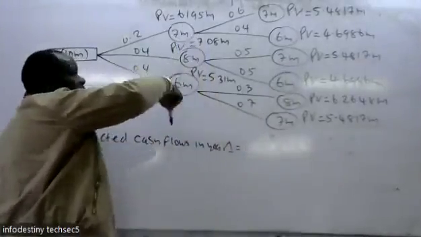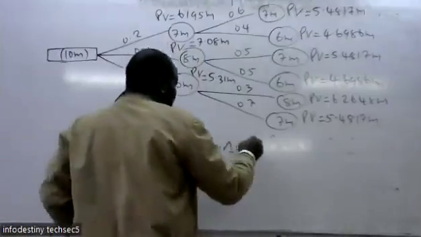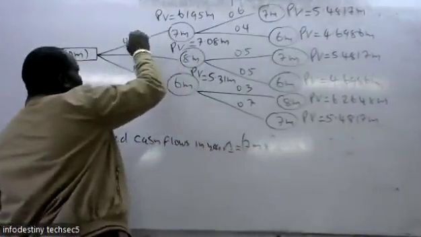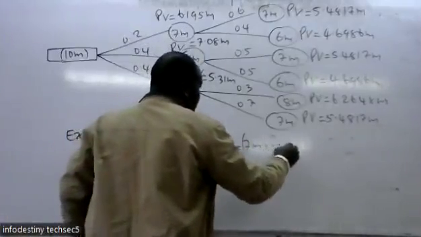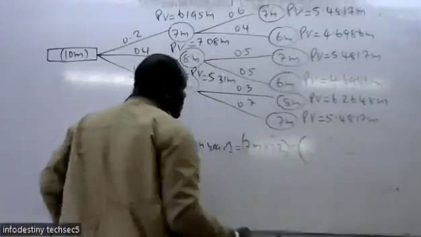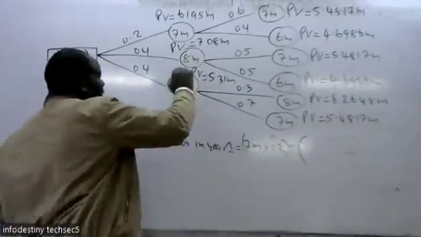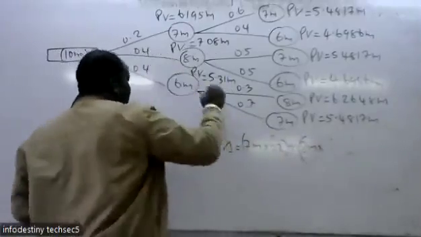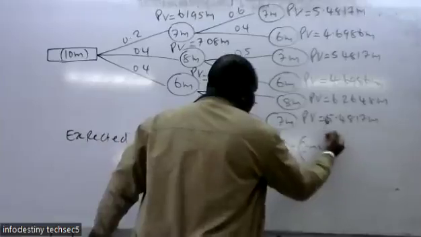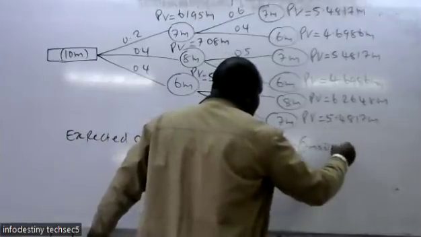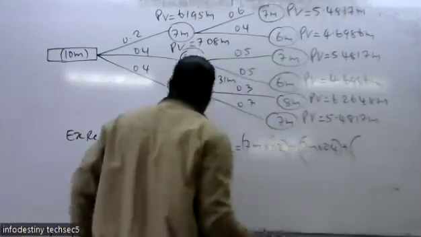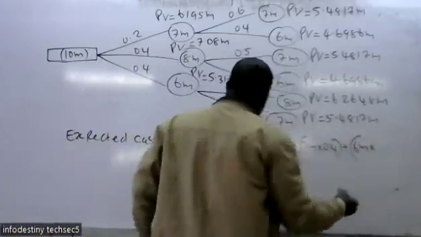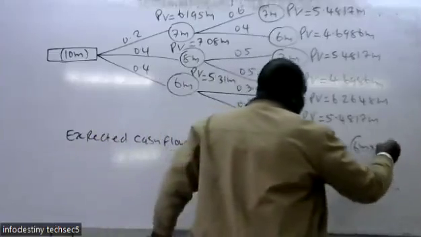So simply take the 7 million multiplied by the probability, which is 0.2. We also add this one, 8 million. Probability of it occurring is 0.4. Then we also add this one, 6 million. Probability of it occurring is 0.4.